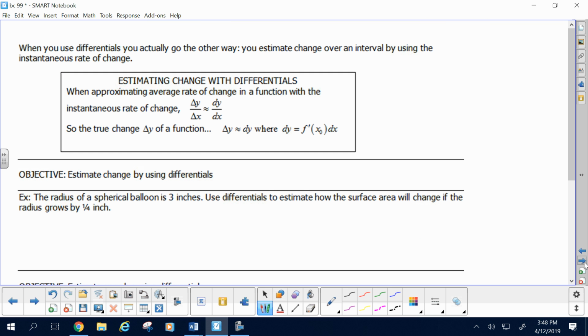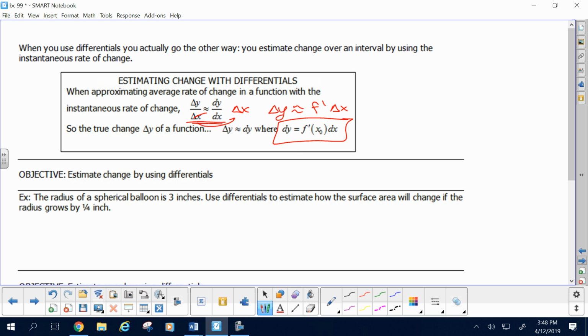All right? If I took this idea of delta y over delta x is roughly equal to dy over dx, and if I multiply delta x over, then I would get delta y is roughly equal to the derivative times some change in x.